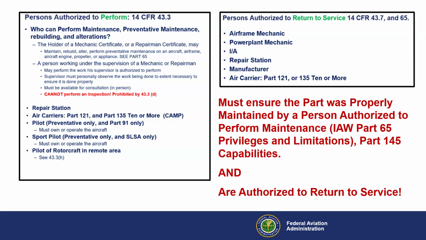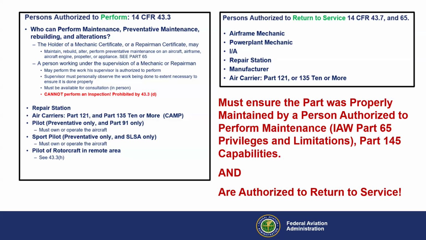When you're looking at used parts that have been maintained, make sure it was worked on by somebody that's authorized to perform maintenance under 43.3. And I've listed them all there. Those are the folks that can perform maintenance. And also that a person that is authorized to return to service is found in 43.7.